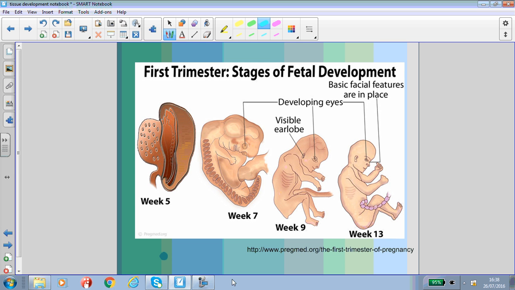And because so much happens in the first trimester, it's really important that the mother is well looked after. The fetus is hugely susceptible to disruption by illness, so infection, things like that, for the mother, and any nutritional deficiencies.